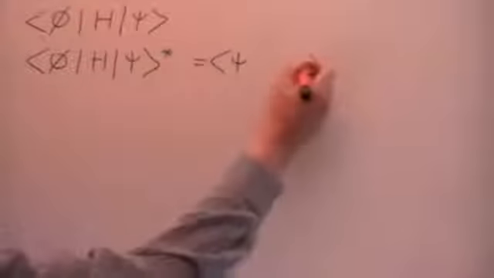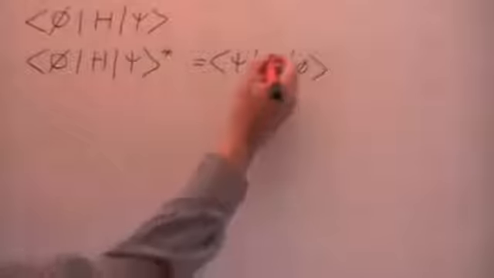If you complex conjugate the bra vector phi, it becomes a ket vector. And if you complex conjugate H, which is an operator, then you have to dagger it. That is to say, it is the transposed complex conjugate of H.